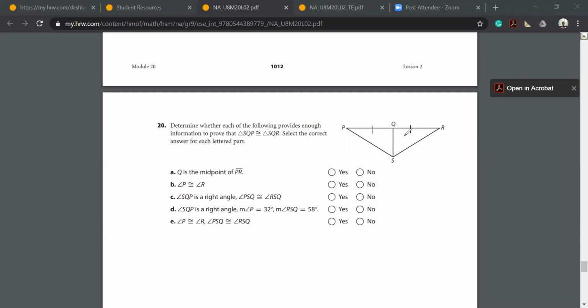But do I know that the other sides are equal, or do I know anything about angles? I know nothing, right? So actually this is not enough information to say that these two triangles are congruent. Okay, what about, let's remove this.